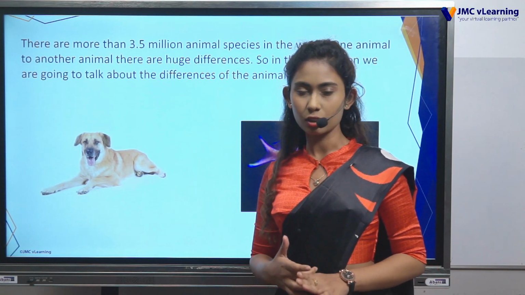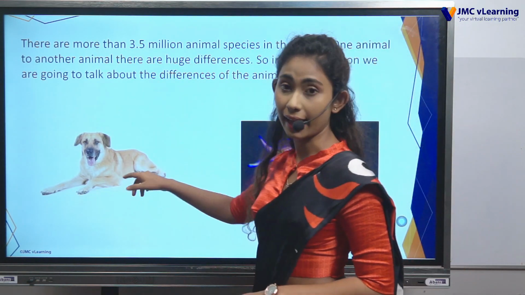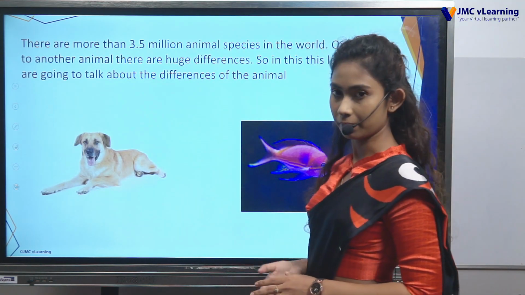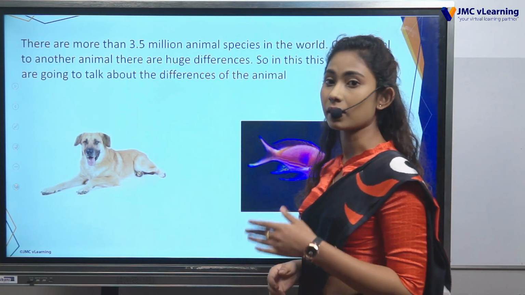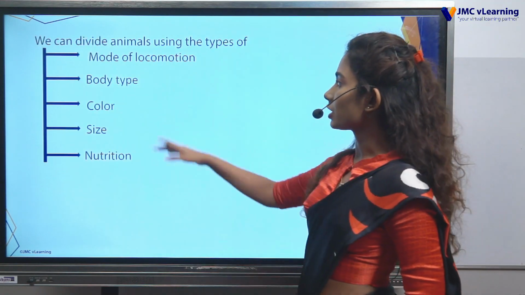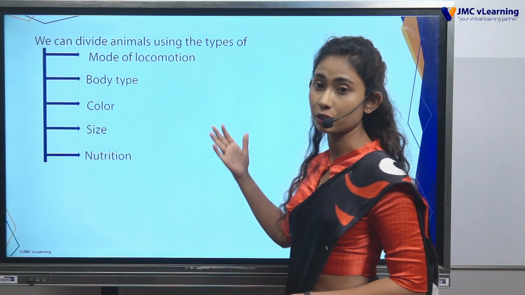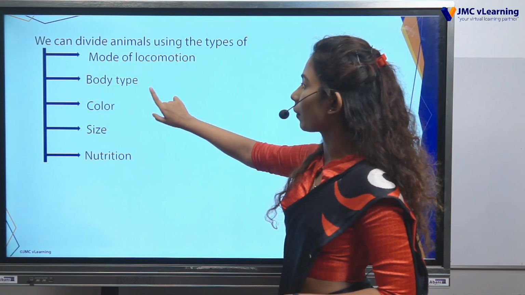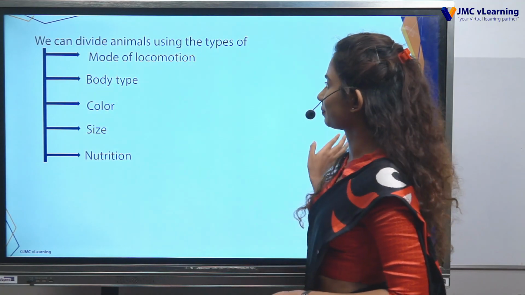If I select two animals randomly, for example a dog and a fish, we can see so many differences between them. Their body shape, color, locomotion type, and nutrition type are totally different. I mentioned this earlier also. These are the criteria that you can use to divide animals into groups: mode of locomotion, body type, color, size, and nutrition.